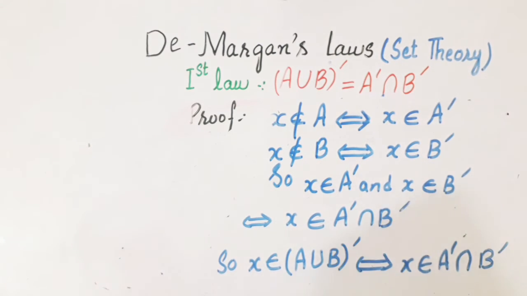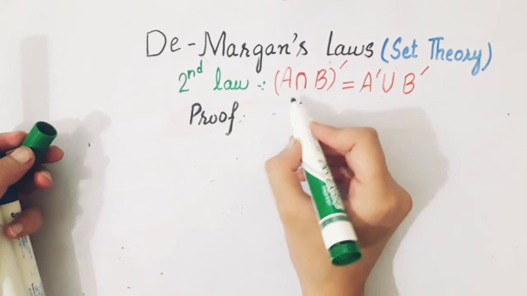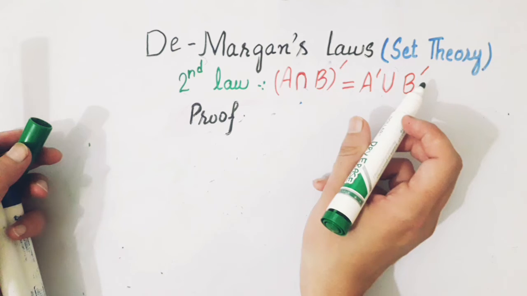Now you can see how we take the left hand side and prove the right hand side. In the same way we will prove the second law. Now we will prove the second law, that is (A intersection B) whole complement equals A complement union B complement.